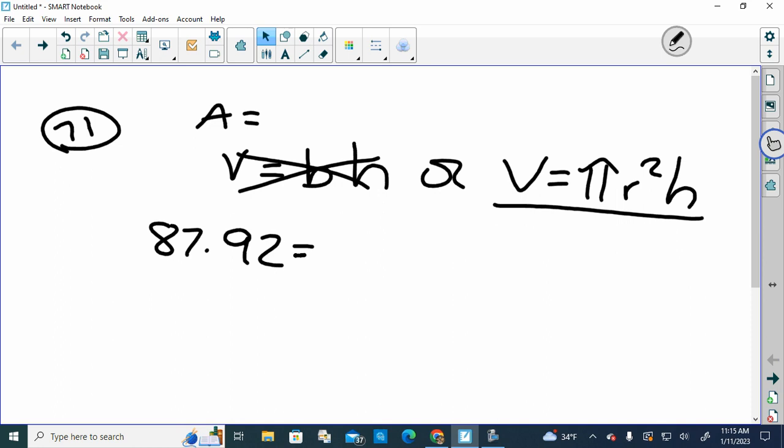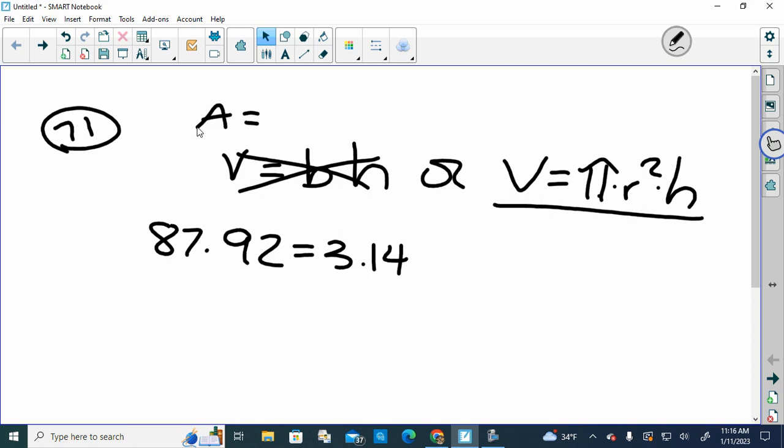Okay, so the next thing in our equation is pi. Well, they told us to use what for pi? 3.14. And when these are next to each other, this is really multiplication. Did they give us radius?